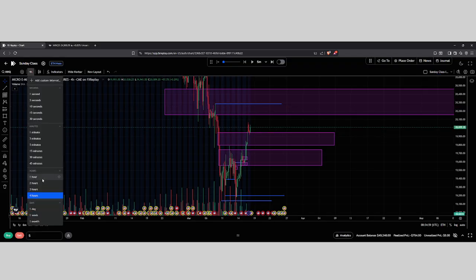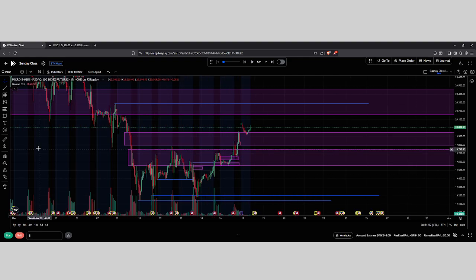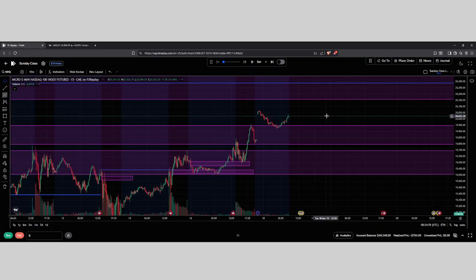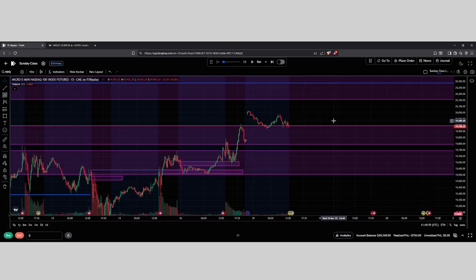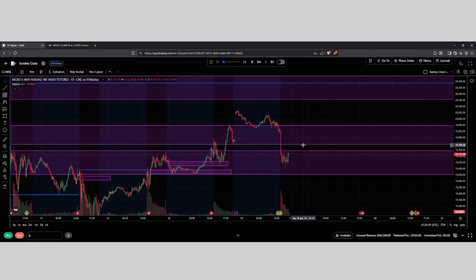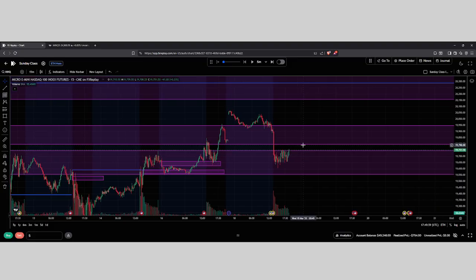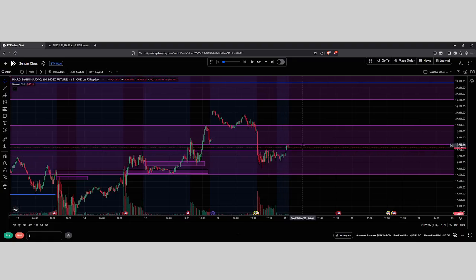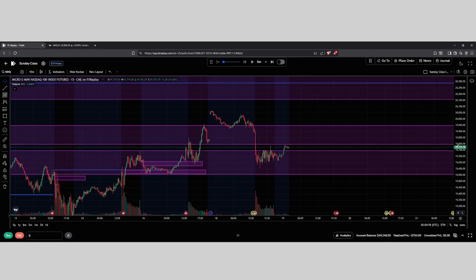Okay, let's go to like the hourly now. And wick fill. Holy shit. And then dumper. Big dumper. Looks like it still wants lower, honestly.